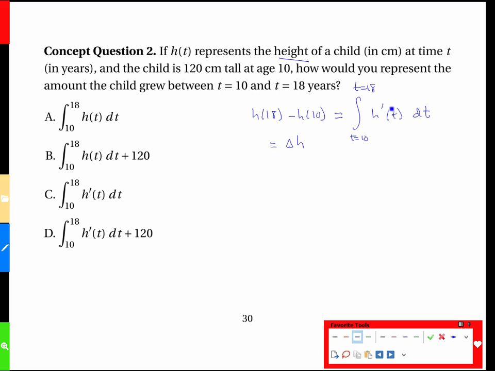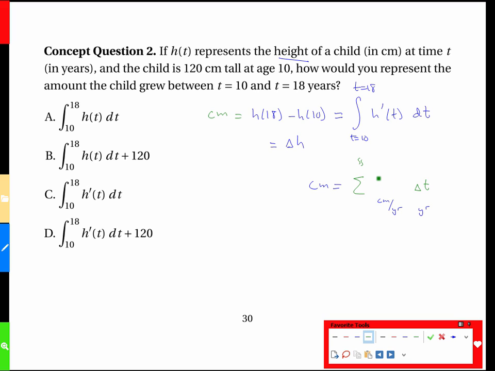Now, if that seems like an artifact of symbols, remember where this comes from. These heights are in centimeters. This integral is equivalent to a sum of something with delta t's. If you think of the units of time, we're talking years, so if we want centimeters at the far end, we'd better have units of centimeters per year in front of our time units.